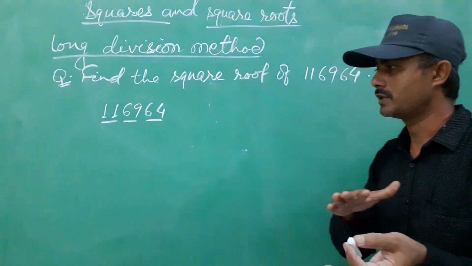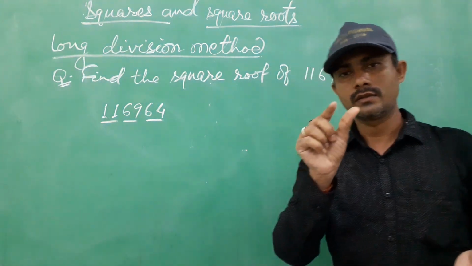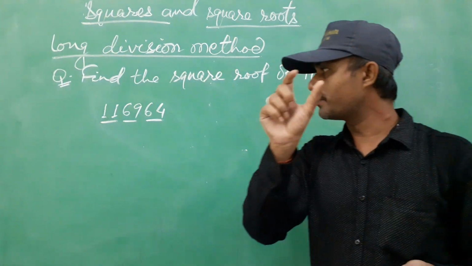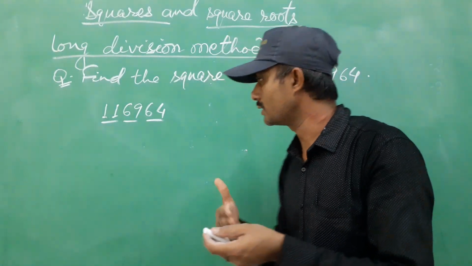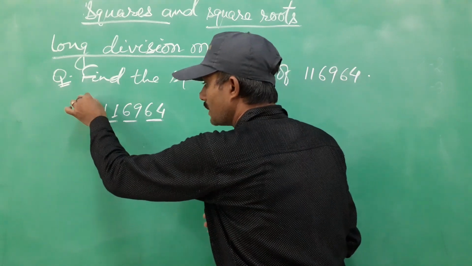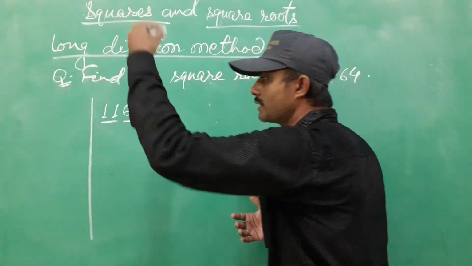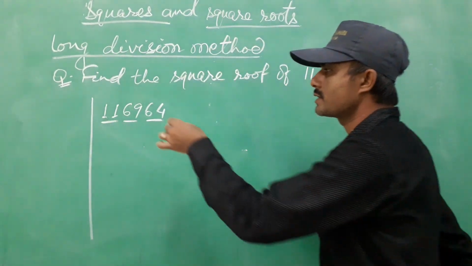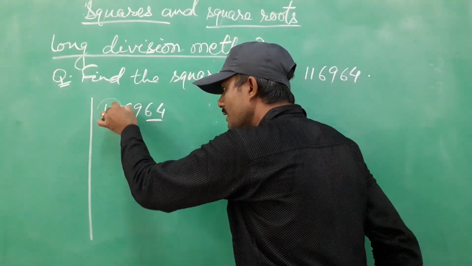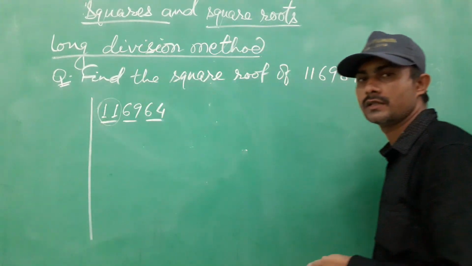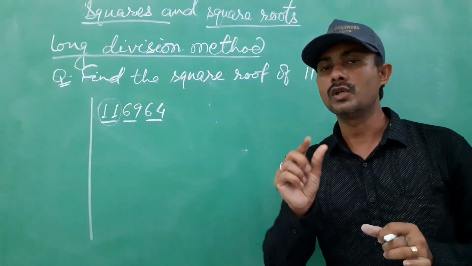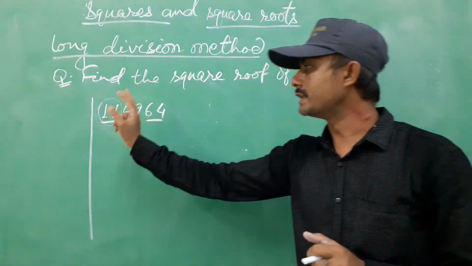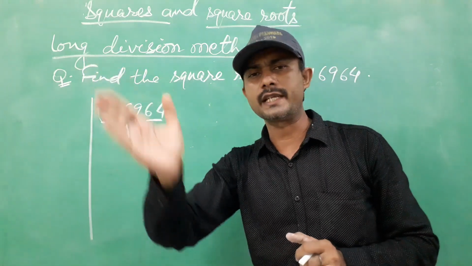Now the next step, just think of simple division. In that way, now I am going to start. First, think of this number 11. As it is a square root, you must think of a number whose square is 11 or just less than 11.